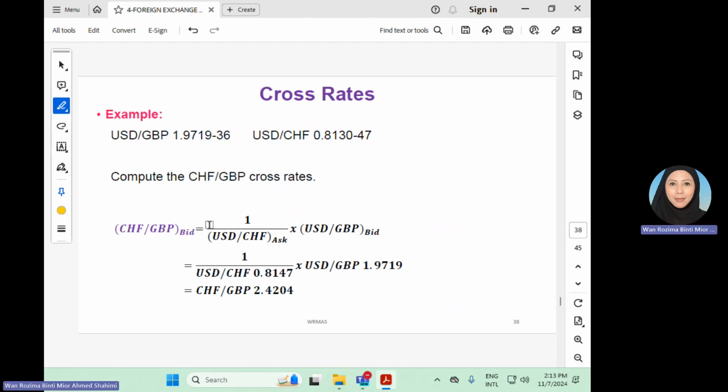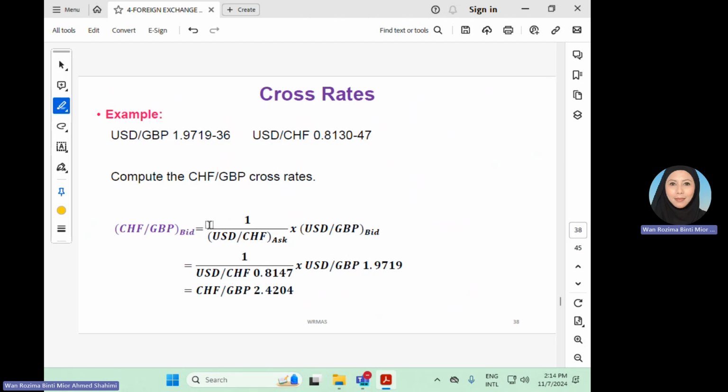Swiss franc, USD. USD, Swiss franc. Reciprocal, right? Pay attention. 1 over USD against Swiss franc. Use ask. Don't write bid.